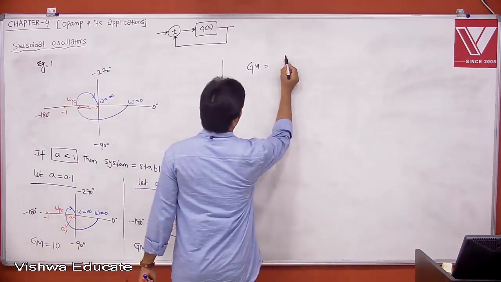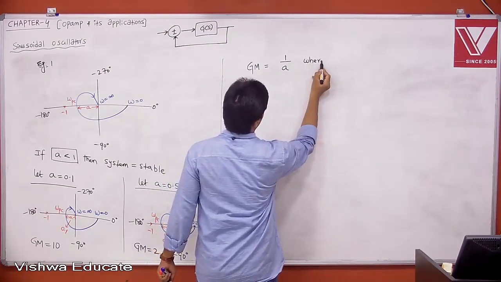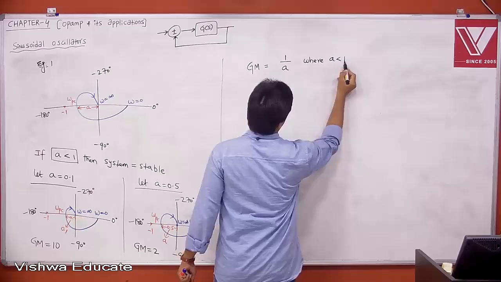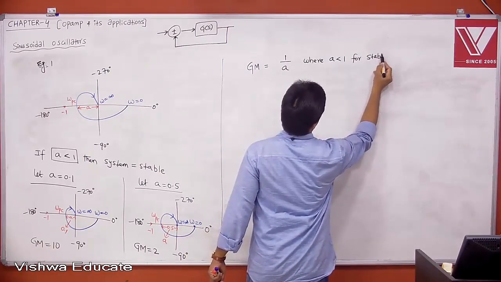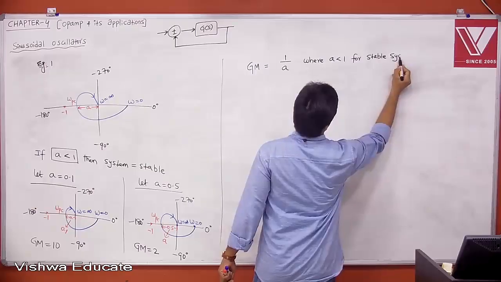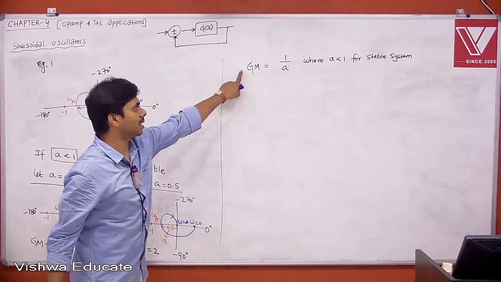Therefore, gain margin is 1 by A, and remember, A is less than 1 for a stable system. Therefore, this is gain margin, which is always greater than 1.